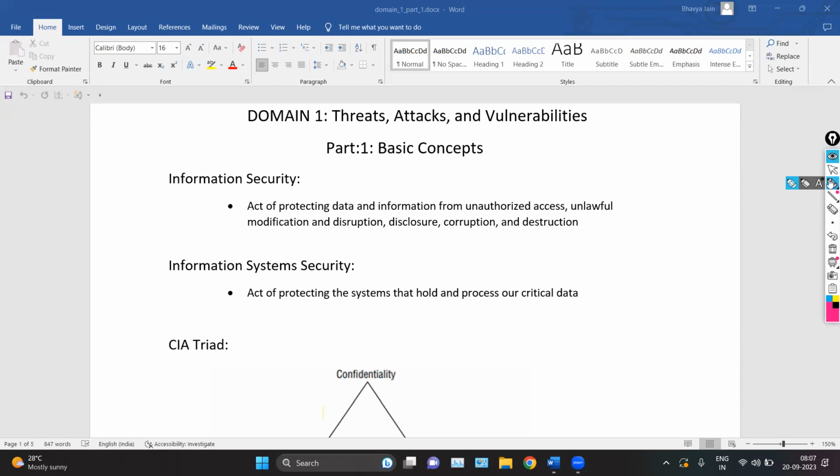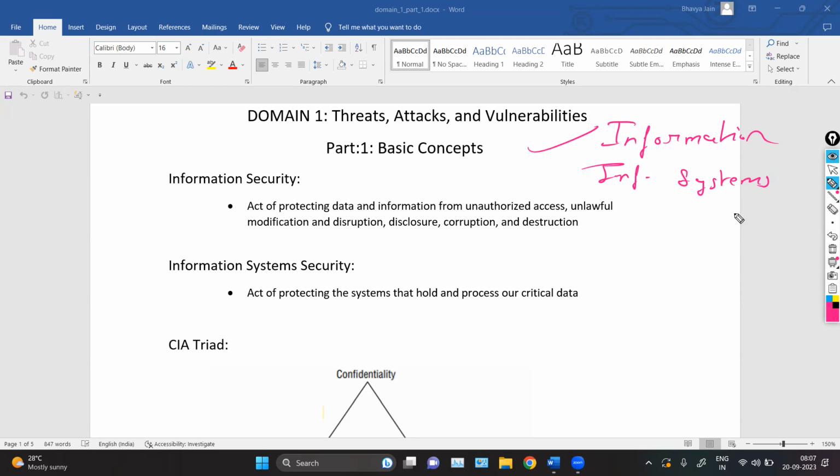So basically, what we are trying to protect. We are trying to protect two things. First, information, and second, information systems. The information itself, which is known as data, and the information system, which is storing your data.